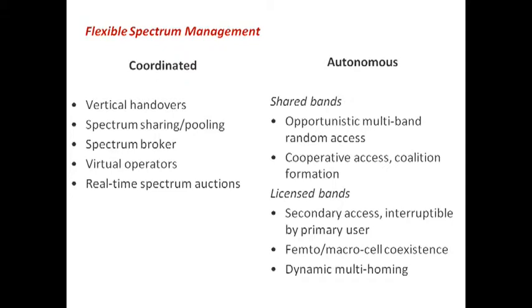And that someone may be, for instance, a spectrum broker, some entity that brokers the exchange of spectrum among different users. Or that entity can be a virtual operator that actually buys spectrum on the run, according to the demand from various operators, and then aggregates that spectrum and provides the service to the end user.